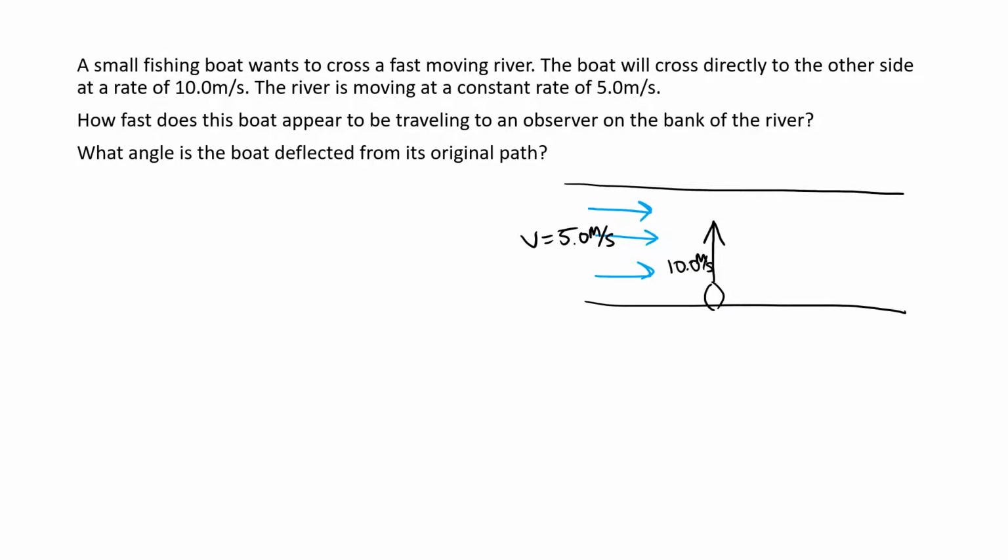Maybe if you've been in this sort of scenario before, or even just looking at the picture, the boat is going to get carried sideways, right? I'm expecting that if it keeps going directly straight up, it's actually going to go that way, right?